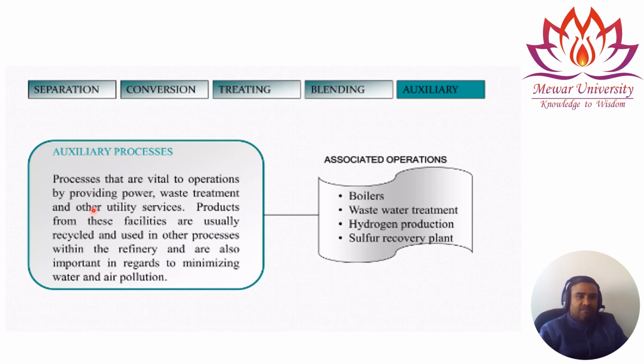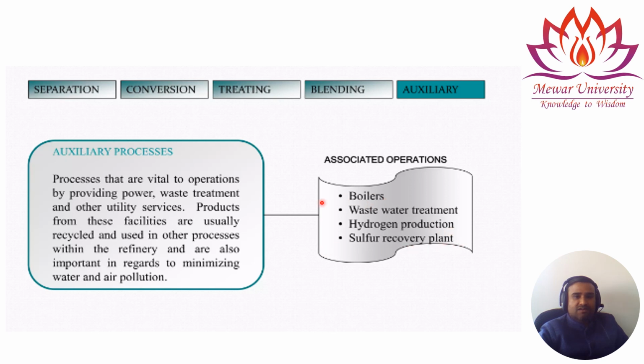Through the operation of the refinery, the final product contains some pollutants, or some waste chemicals are generated. These waste chemicals have to be treated because they contain a mixture of gases, some poisonous liquids, or other waste that is hazardous to the environment and society. So these have to be treated in different associated operations: the boilers, wastewater treatment, hydrogen production, and sulfur recovery plant.